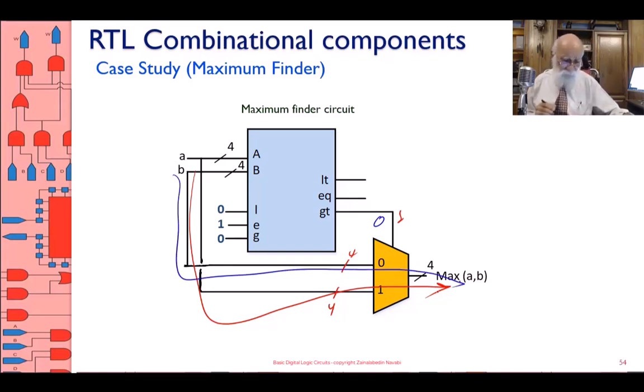Okay, so that's how it works. And this is the comparator. And remember, if I want the equal output to become 1 when they are equal, I have to put 0, 1, 0 on the LEG inputs. But then I'm not using the output EQ anyway.